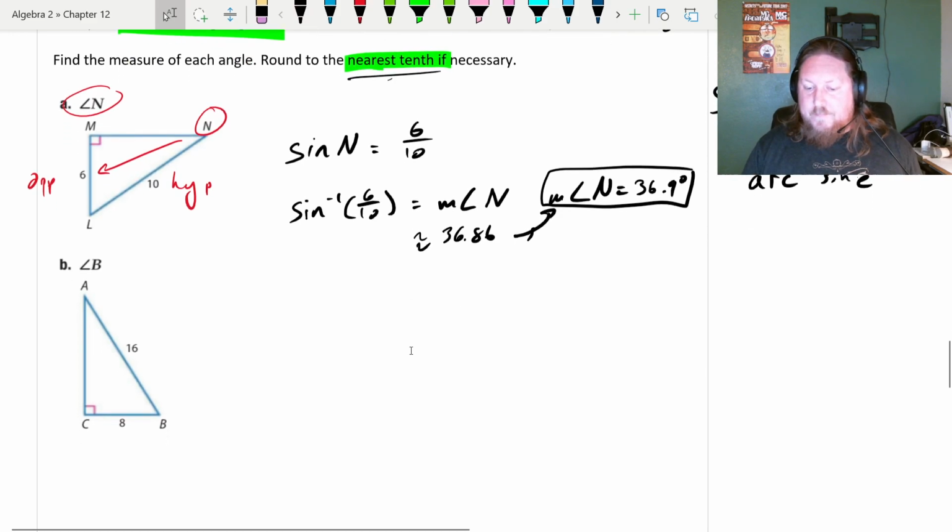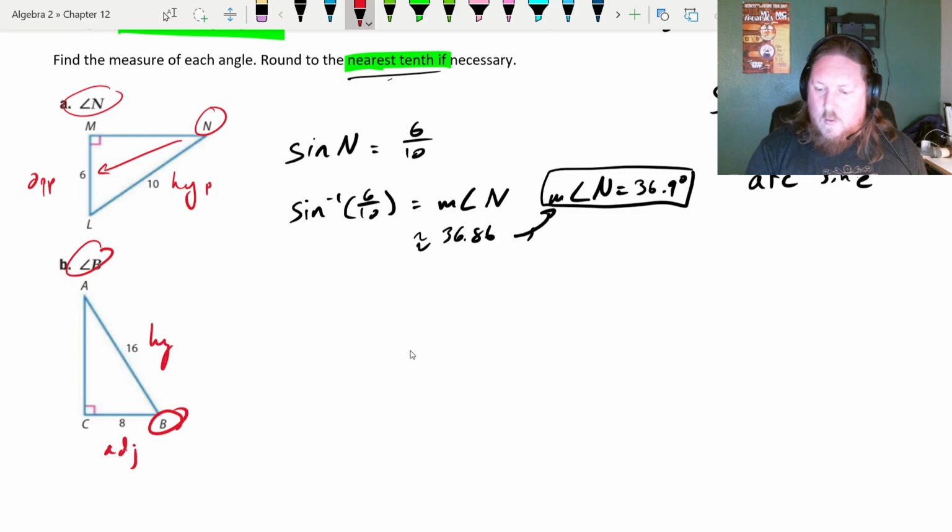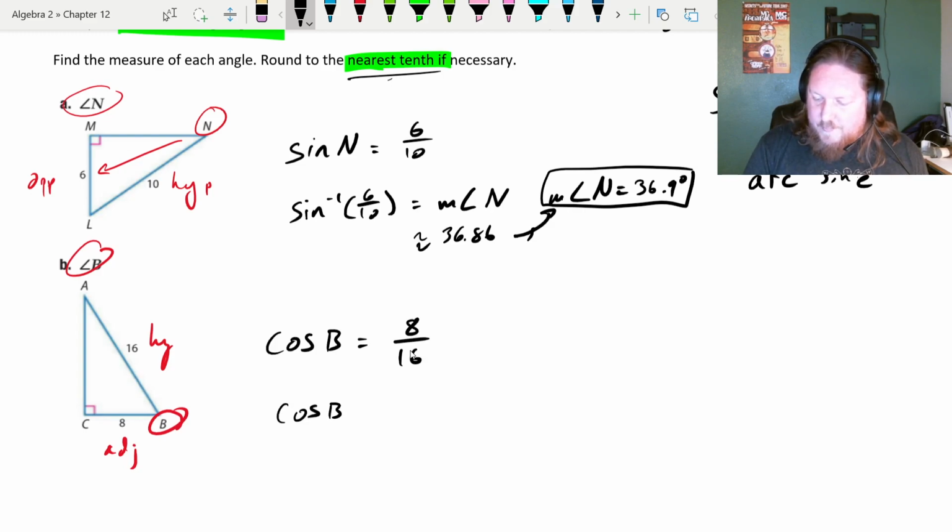Okay, part B. Same kind of problem. We're looking for an angle. It tells us it's angle B. So now I'm standing down here at angle B. I notice I have the adjacent side and the hypotenuse. Well, that tells me cosine of that angle B is equal to the adjacent over the hypotenuse, 8 over 16. And this is where reducing things sometimes helps. 8 over 16 is 1/2, isn't it?